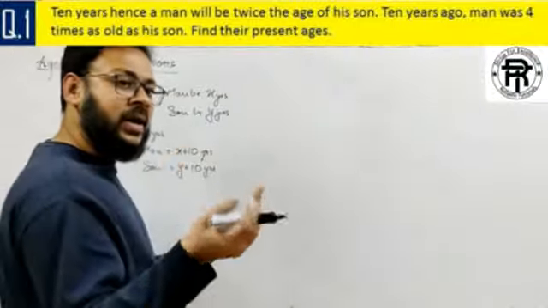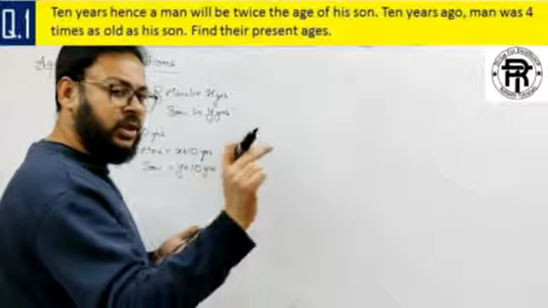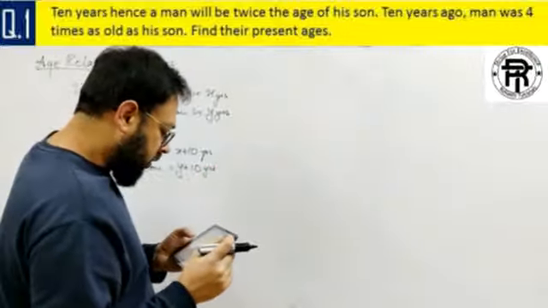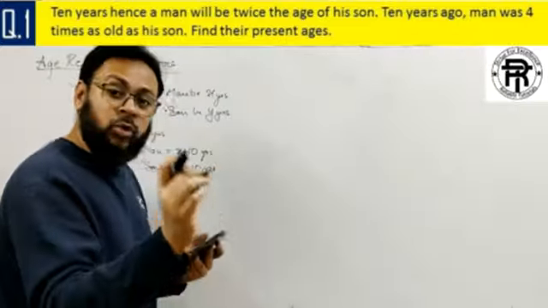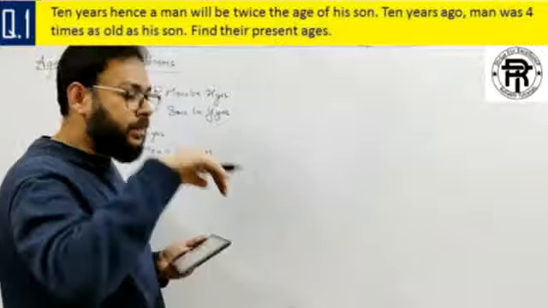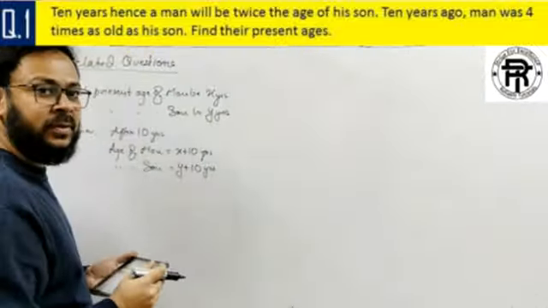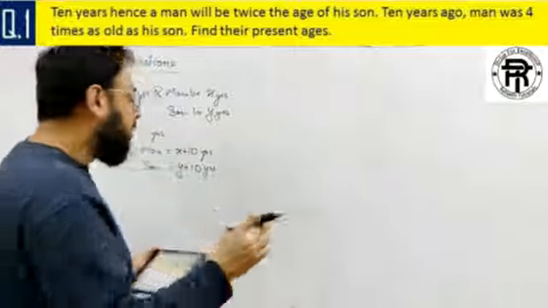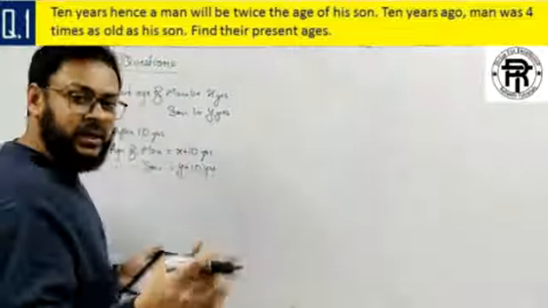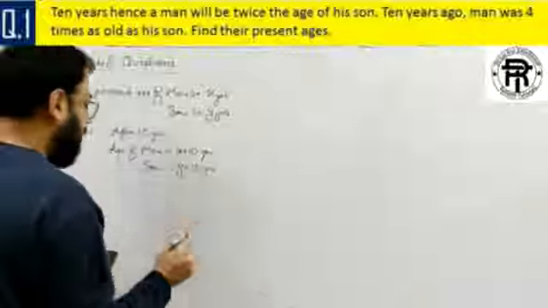अभी 10 साल के बाद क्या रिलेशनशिप दे रहा है? What is the relationship between their ages? 10 years hence, a man will be twice the age of his son. मतलब man की age होगी 2 times the age of his son. Means when we multiply son's age by 2, it will be equal to the age of man.